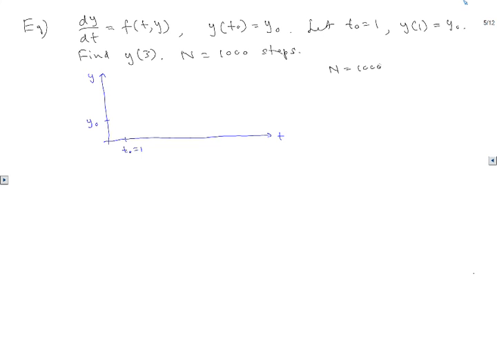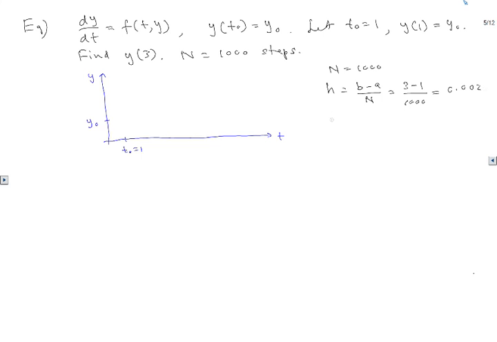This n is normally given, and then what we need to do is find h, the gap, which is b minus a over n, the number of steps. In this case b is 3, a is 1 starting, and the number of steps is 1000. If you simplify, you're going to get 0.002.